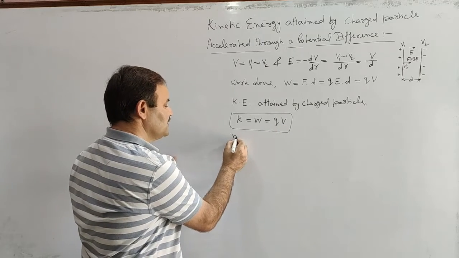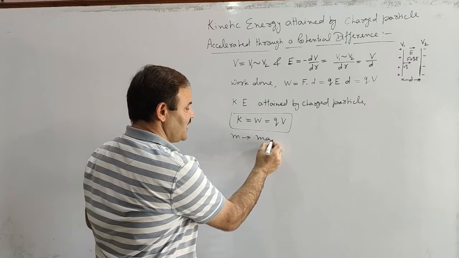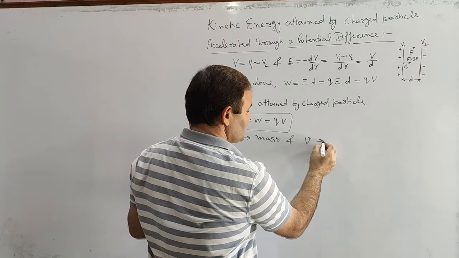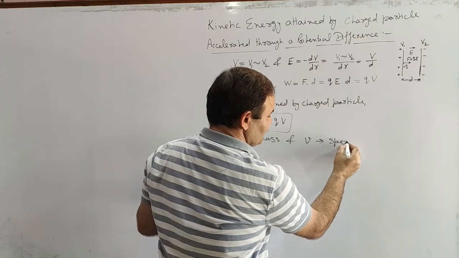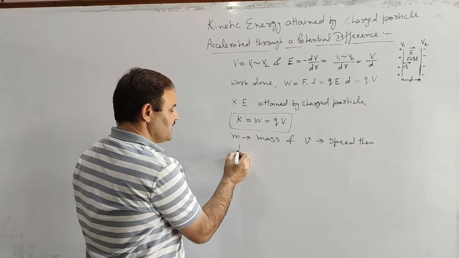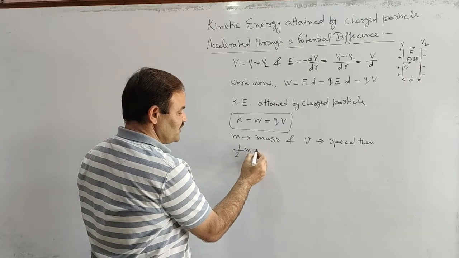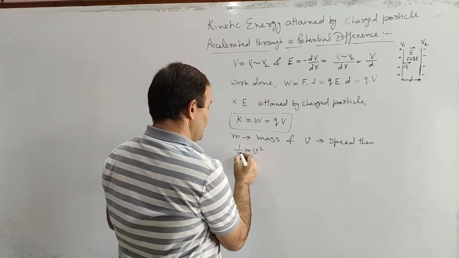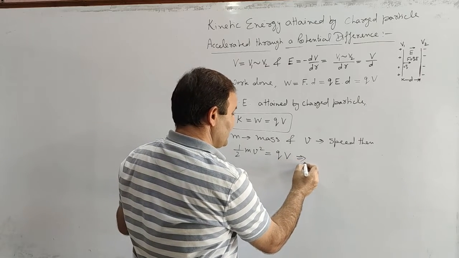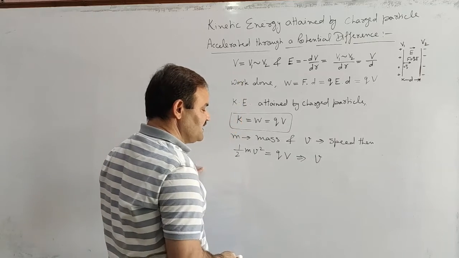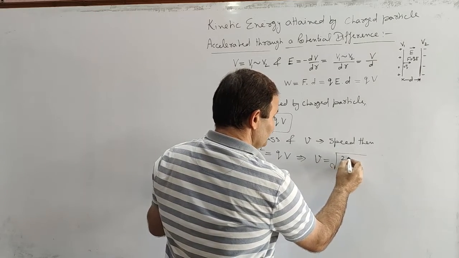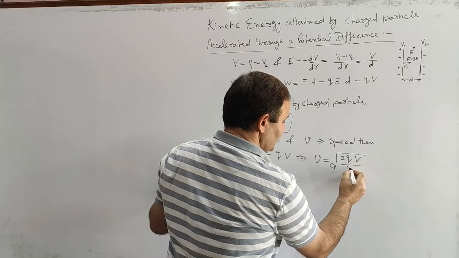If mass of charged particle is m and speed attained by charged particle is v, then kinetic energy can be given as half mv square. So half mv square will become equal to qV, and this implies speed attained by charged particle v is equal to under root 2qV by m.